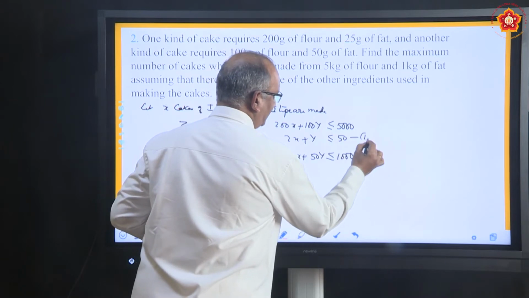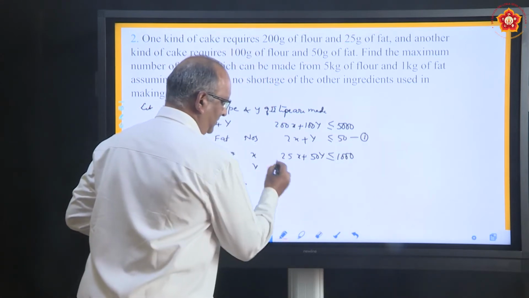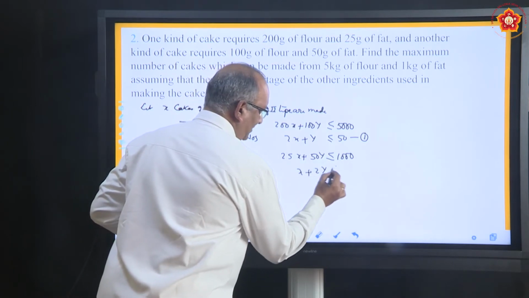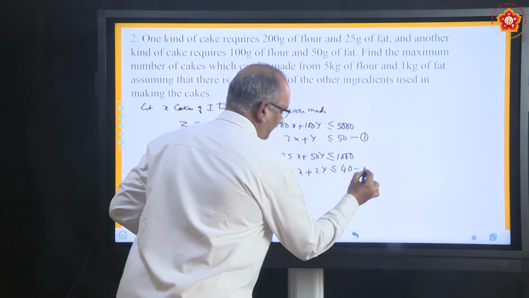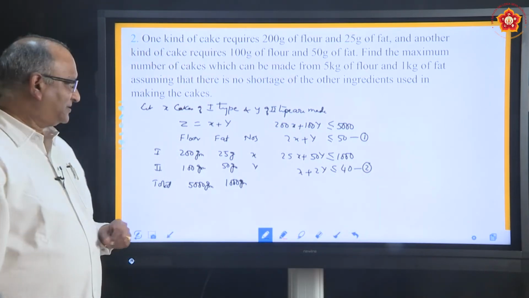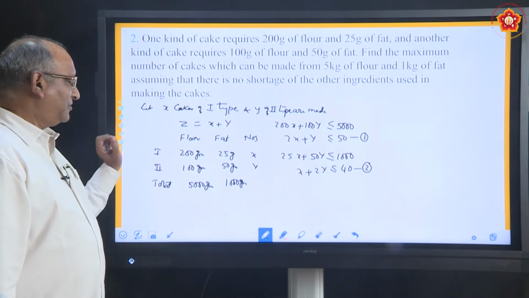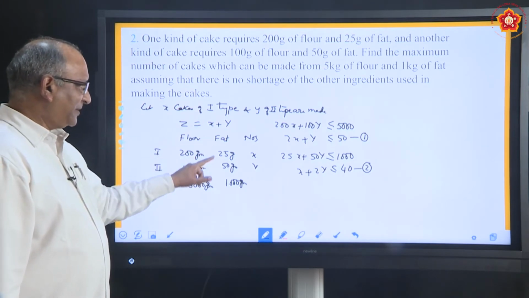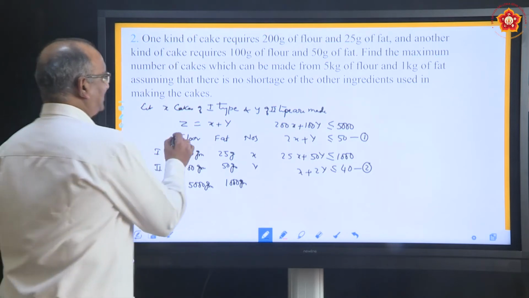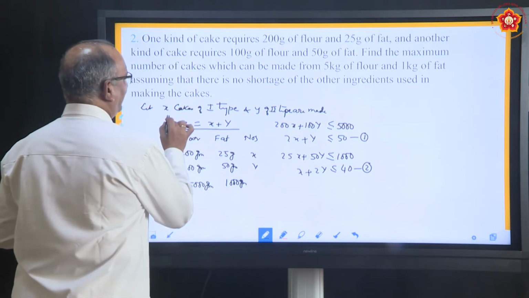This is the first. For the second one, divide by 25: x plus 2y less than or equal to 40. These are the two inequalities, one with respect to flour, another with respect to fat. This is the optimization function, what we have to find out at the end of it.